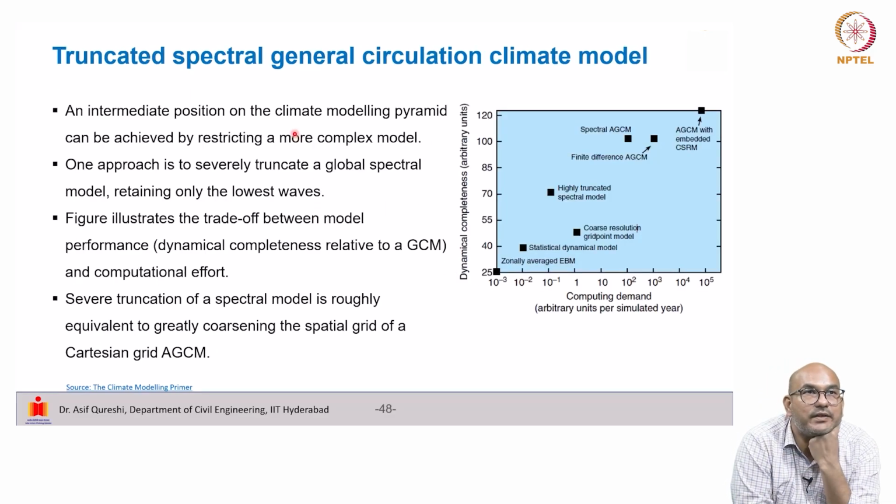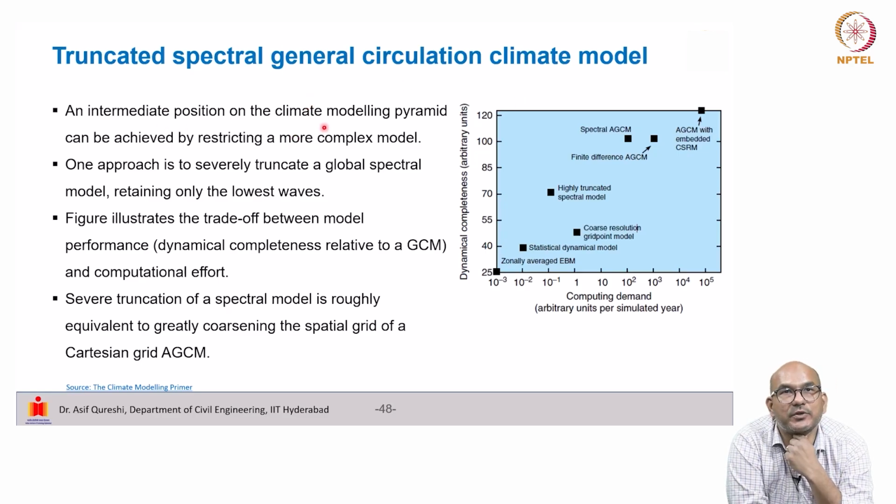Now, when we have the truncated spectral GCM models, and intermediate, we have seen this a little bit in the previous lecture. The intermediate position in the climate modeling pyramid can be achieved by restricting a more complex model. Here, this is sort of the computing demand, in units per simulated year.